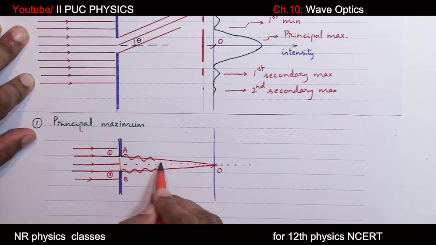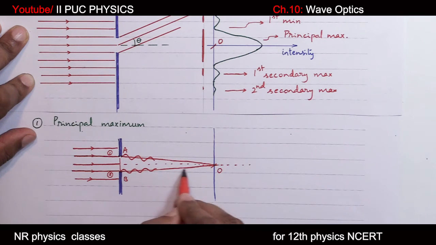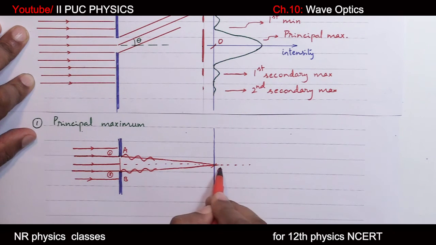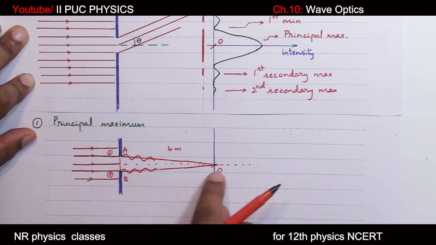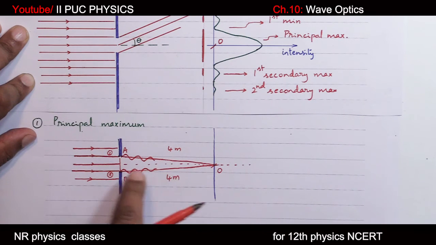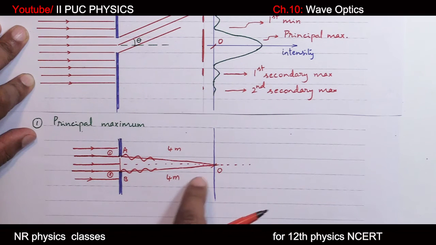Isosceles triangle means these two sides are equal. So waves from A and B are traveling equal distance. For example, 4 meter from A to O. B to O is also 4 meter. First path AO 4 meter. Second path BO 4 meter.